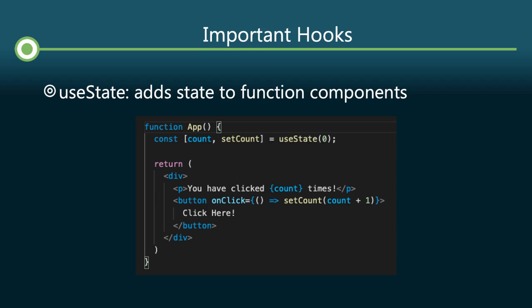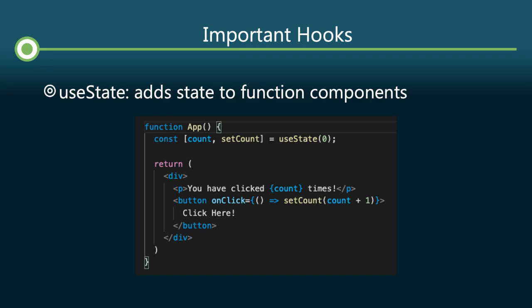Here we have a basic function App, and we have this constant of count and setCount equals useState(0). This is the useState hook, where class components would have a constructor to tell it what the initial state is.